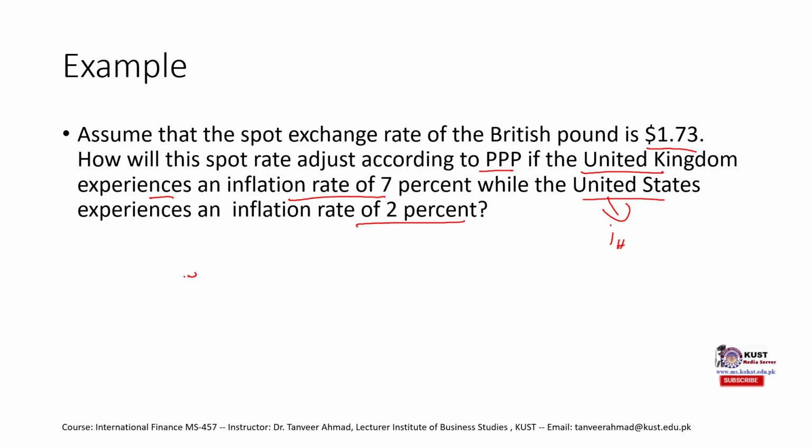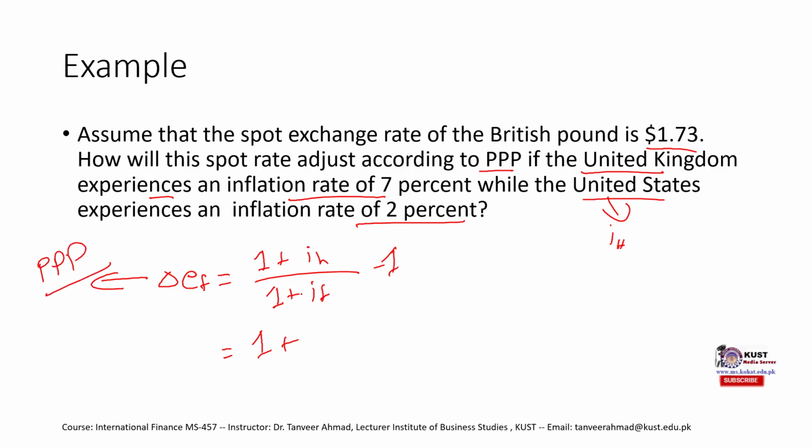So we need to find the percentage change in the foreign country exchange rate, and that would be 1 plus IH divided by 1 plus IF minus 1. Okay, so the home country's, remember which theory we are using. We are using purchasing power parity theory, although formula would be similar, whether it is purchasing power parity or international Fisher effect.